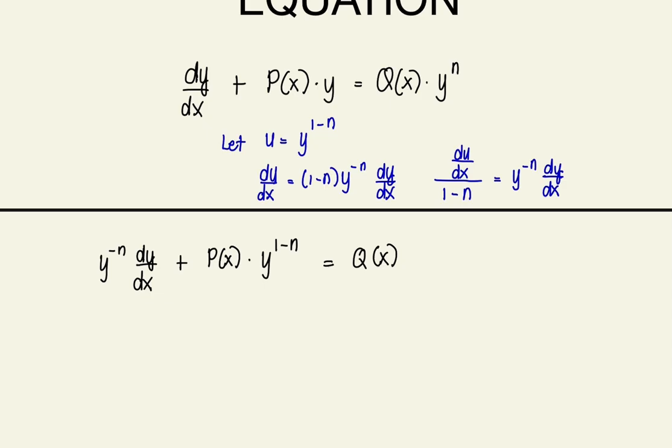So we are going to substitute this here because that's the same. Replacing this one, we have (du/dx)/(1-n) + p(x) y^(1-n) = q(x).